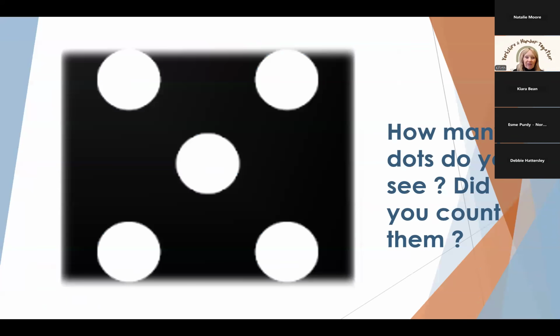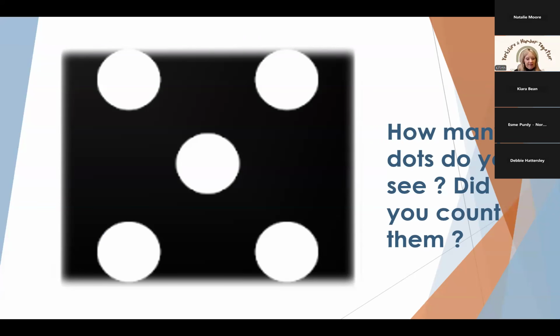The first thing, looking at a dice, straight away, we would say, what can you see? How many spots do you see? Instantly, we look at that and we see 5. We know the pattern. We know a 5 pattern. We can easily subitise.